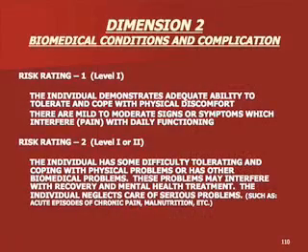So that's your biomedical under 0. When you're looking at a risk rating of 1, and the parentheses are what the level of care is that we learned about yesterday, the individual demonstrates adequate ability to tolerate and cope with physical discomfort. I know for myself, I can tolerate physical discomfort on some days better than others. However, the symptoms might be mild to moderate, which might interfere with daily functioning.